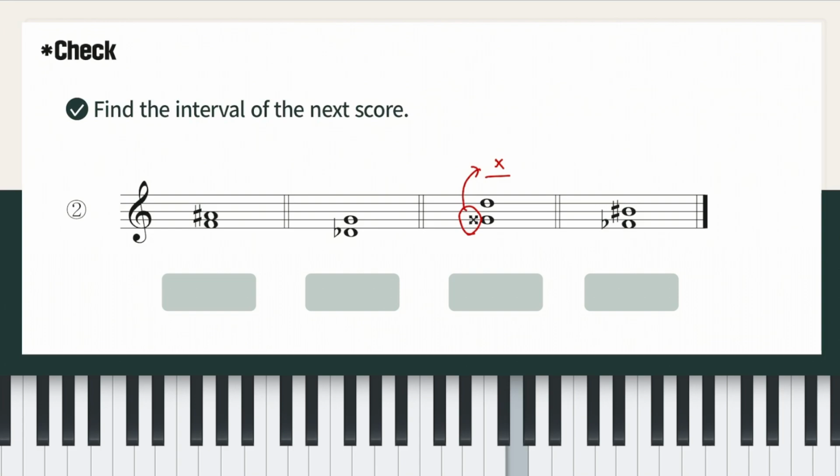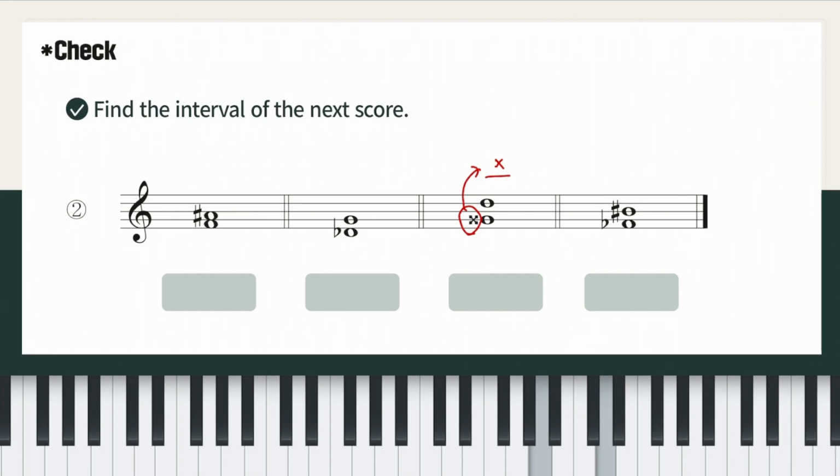Sol and Re is a perfect fifth, right? But there is a double sharp on the bottom note Sol. So Sol, Sol sharp, and double sharp.